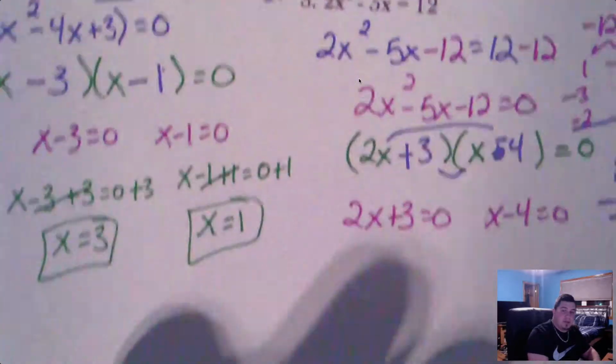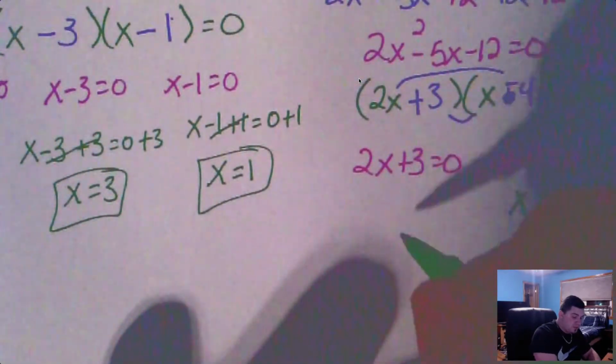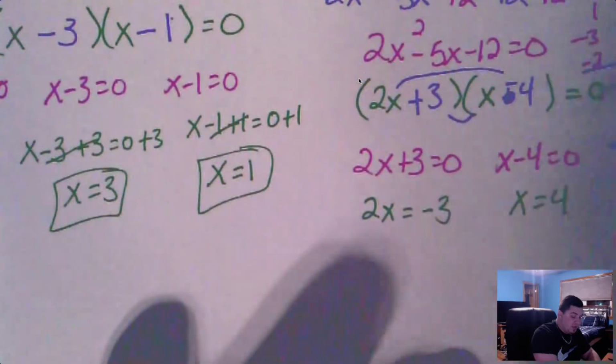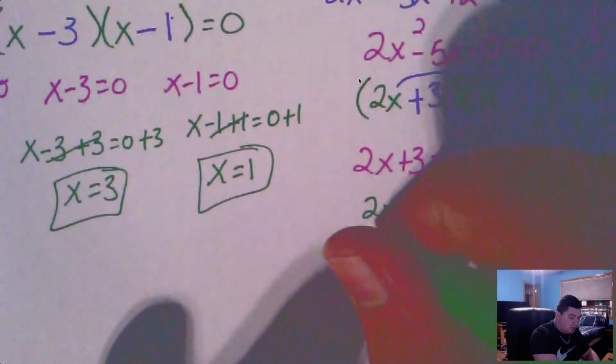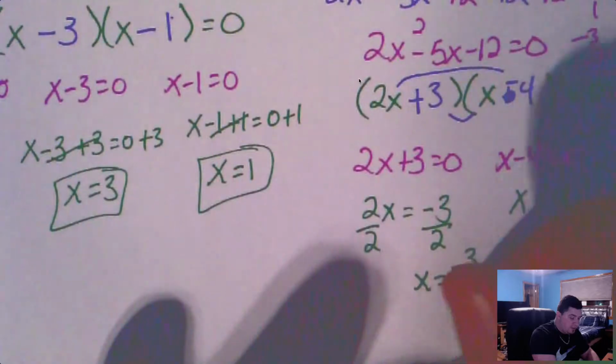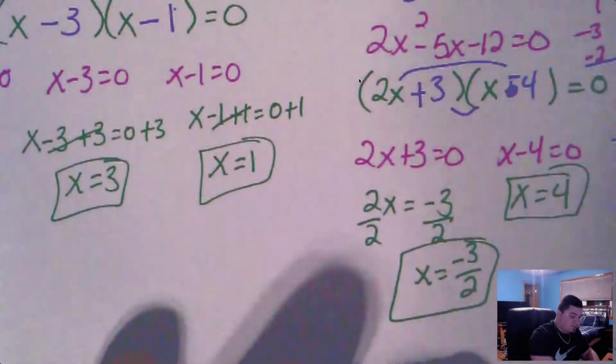I'm going to speed this up a little bit. Over here, we're going to add the 4. We're just going to get x equals 4. On this side, we get 2x equals plus 3 goes to a negative 3. And then we need to divide by 2. X is negative 3 over 2, or x is a positive 4.